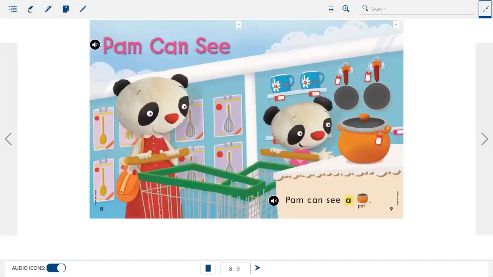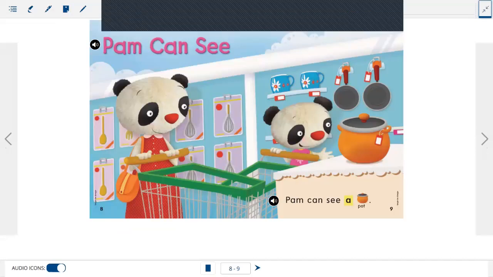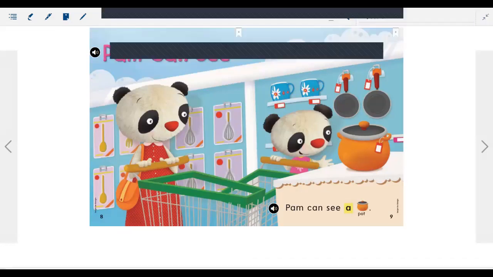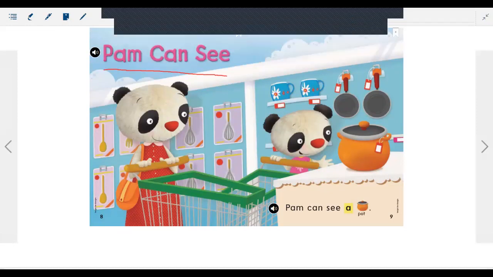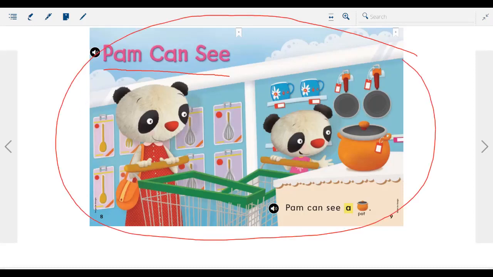Okay, we are on page 8, and we are going to read a story. Pam can see. So this is the front cover of the book.